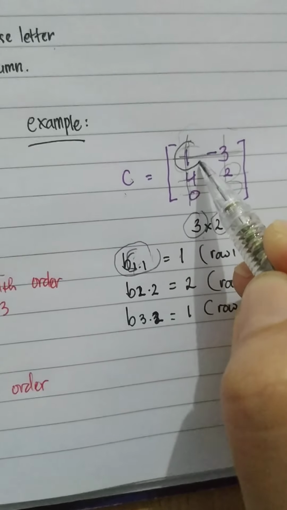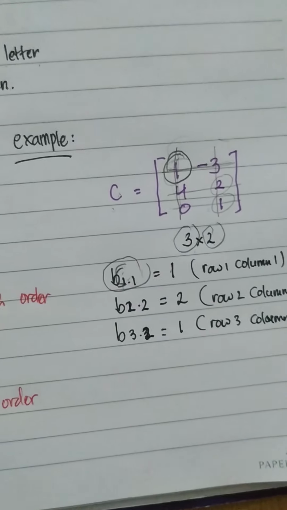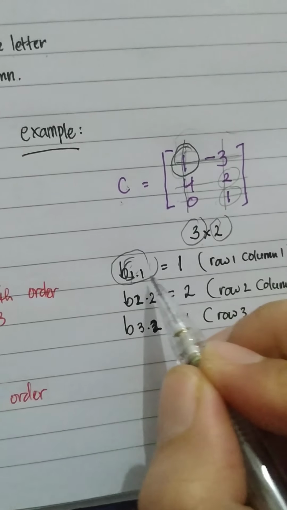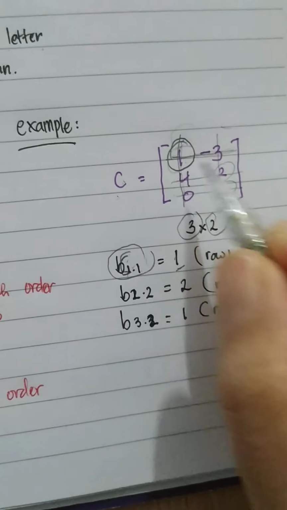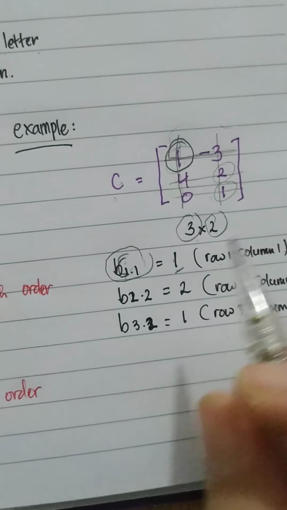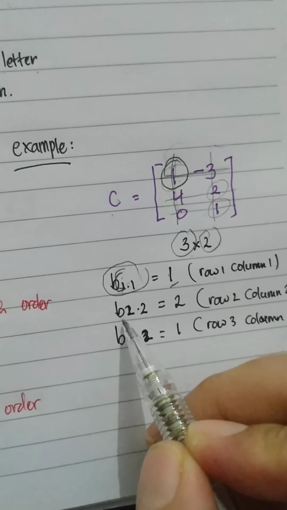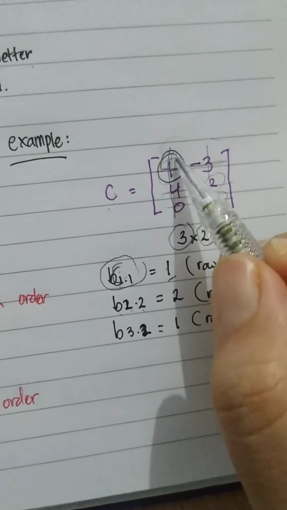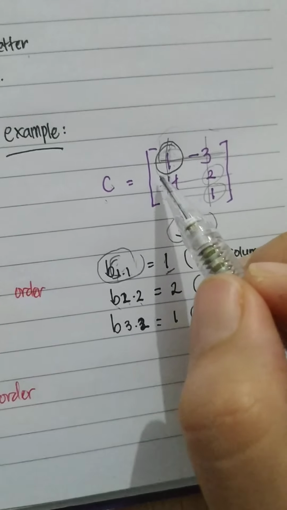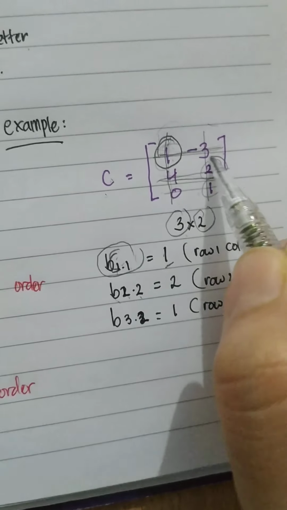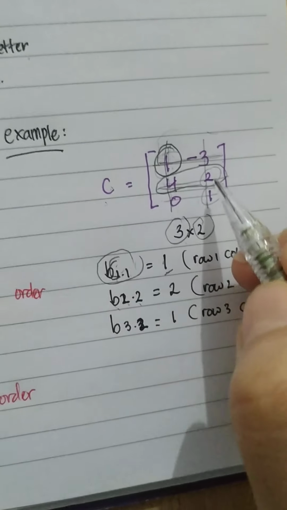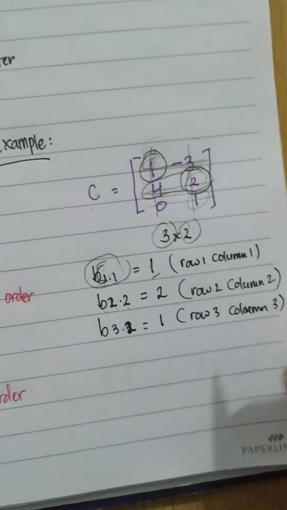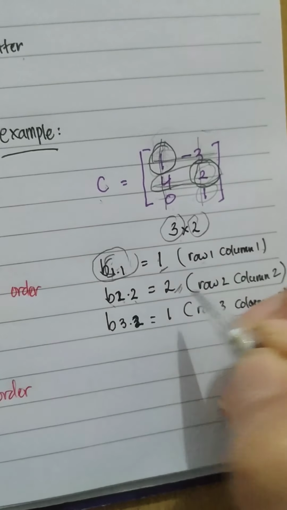So this is the element of matrix C, row 1, column 1, which is 1. And then the second one, element of row 2, column 2. This is row 2, and column 2. So the answer here is 2.